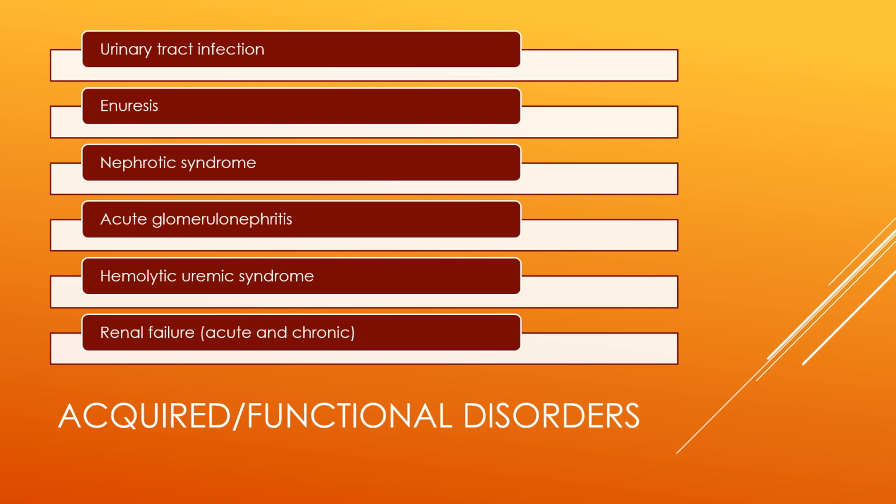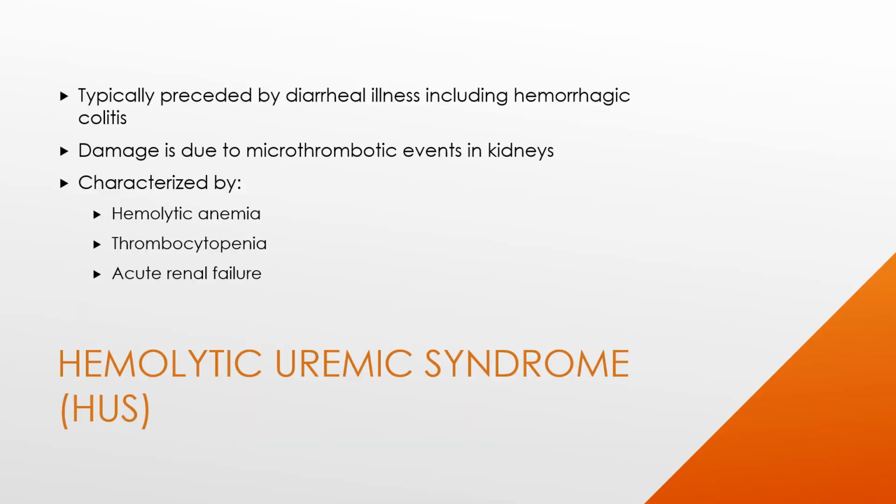And then renal failure, acute or chronic, is also going to be talked about here. Hemolytic uremic syndrome is usually preceded by diarrheal illness, including hemorrhagic colitis. There's damage from microthrombotic events in the kidneys. And then again, it's characterized by those 3 things: hemolytic anemia, thrombocytopenia, and acute renal failure.